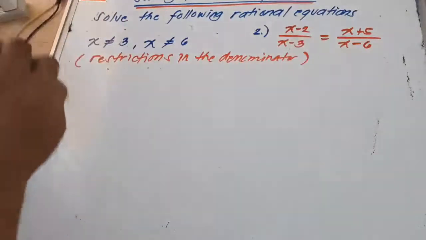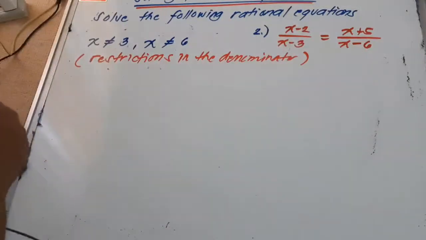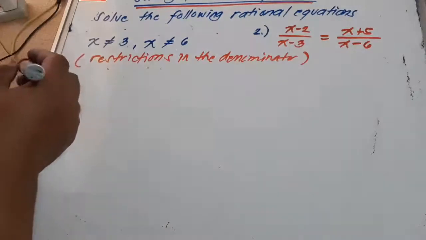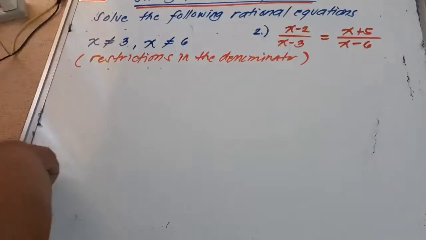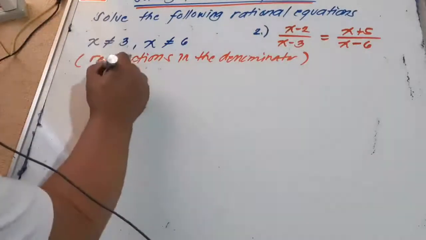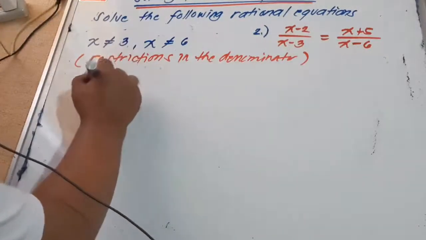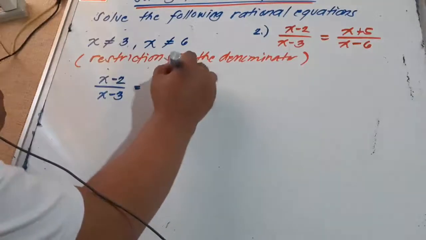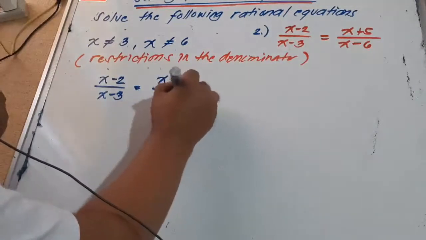Since we already know the restrictions sa ating denominator, we are now ready to solve the rational equation. Okay? So, kopyahin natin. X minus 2 over x minus 3 equals x plus 5 over x minus 6.